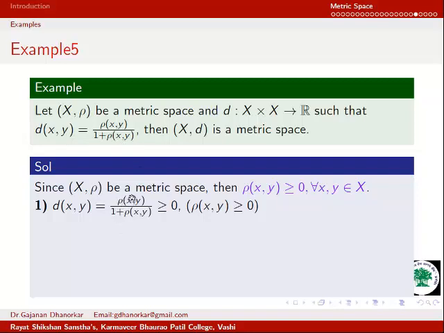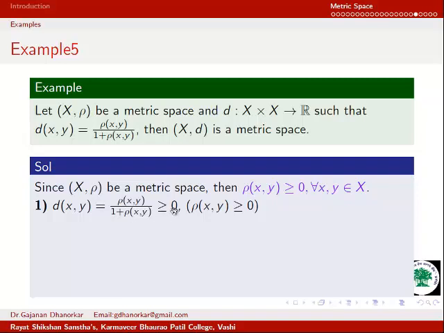Now we know that ρ(x,y) is greater than or equal to 0, and 1 + ρ(x,y) is greater than 0. The denominator is positive, the numerator is also non-negative, so their quotient is also non-negative. Therefore this number is greater than or equal to 0. Got it? Means D(x,y) is greater than or equal to 0.